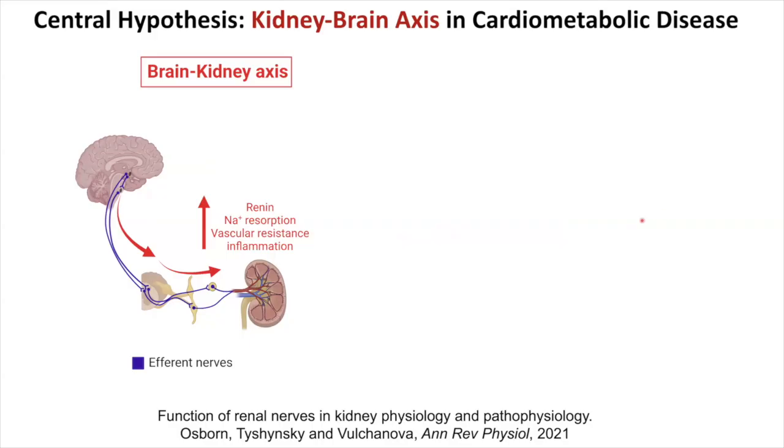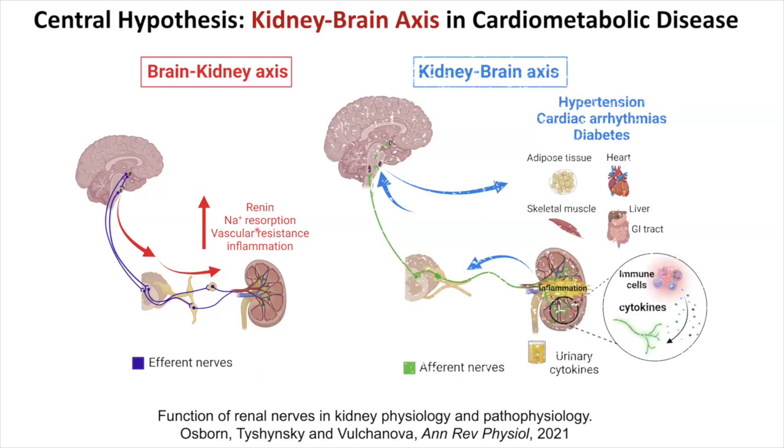So this is a figure I'll show a bit through the talk from a review a few years ago now. The original concept was the brain-kidney axis is activated in hypertension, causing these problems. But we think this is where a lot of the action is.